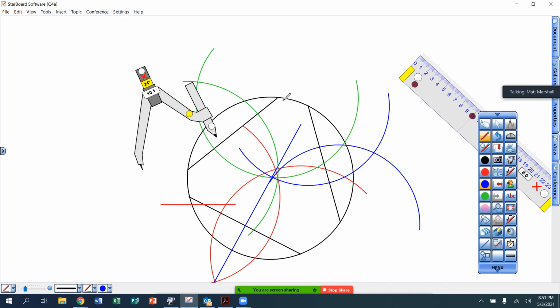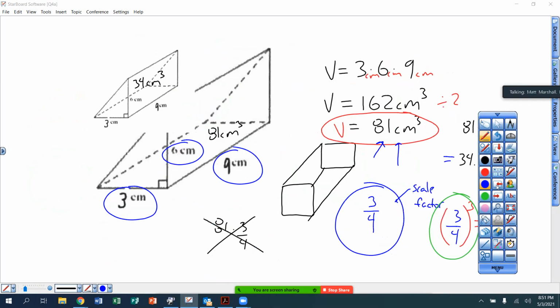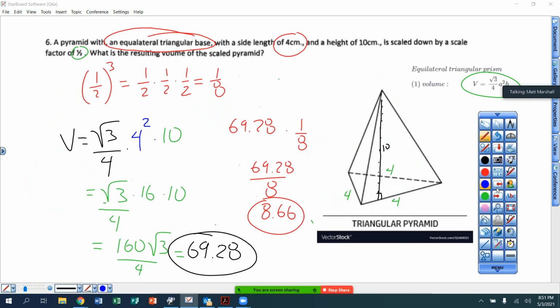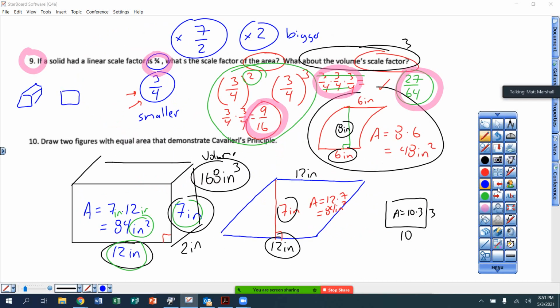All right. What else? Those are all the ones you circled. I glanced over some of the ones you didn't circle, but I focused mainly on the ones that you circled or you told me in the email that you were having problems on.